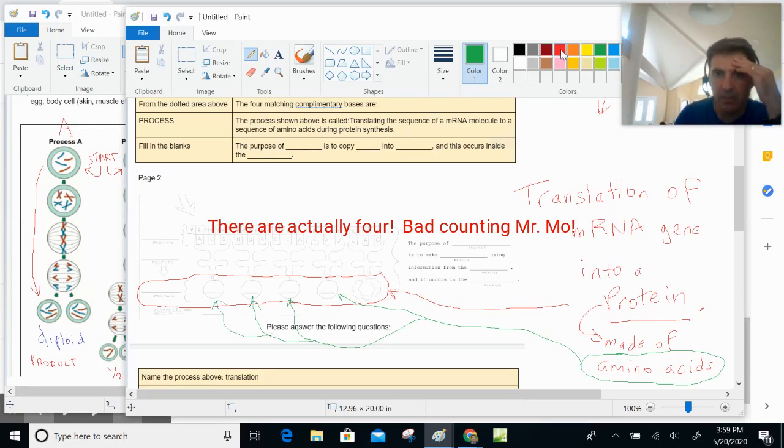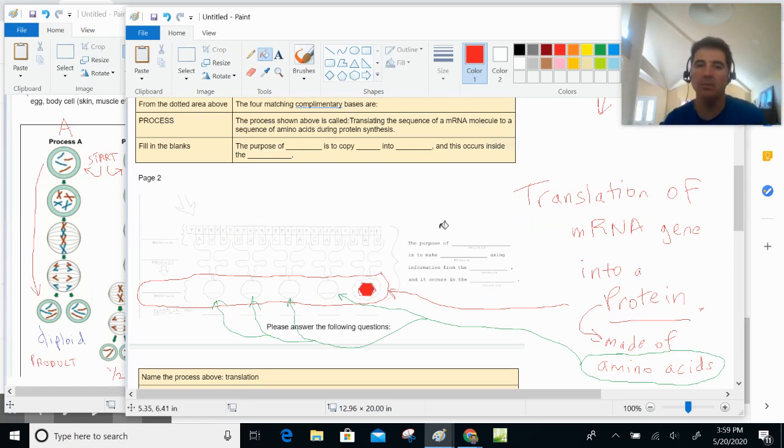Well, do you see that this one is actually shaped like a stop sign? The reason it's shaped like a stop sign is because that one is called a stop codon, UAG. A stop codon tells you this is the end.